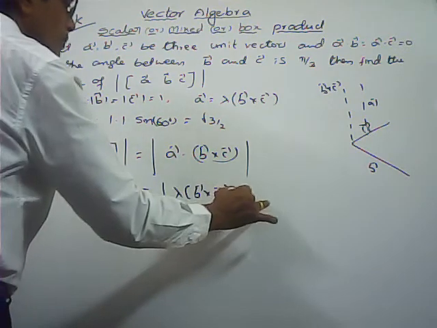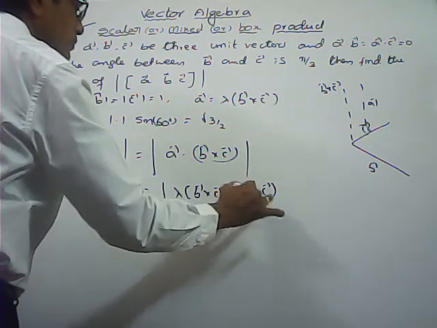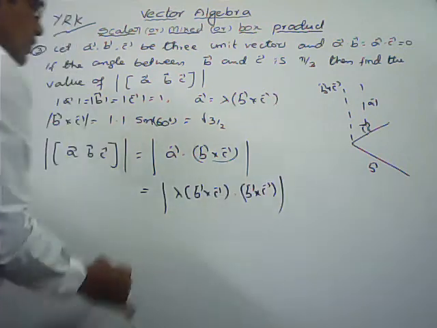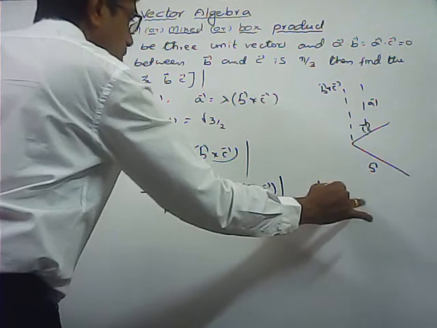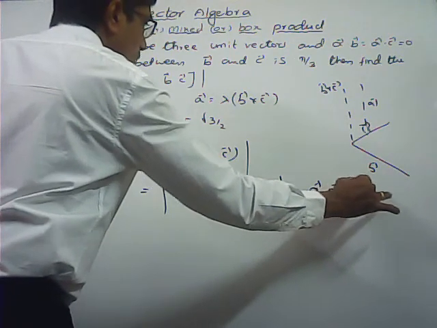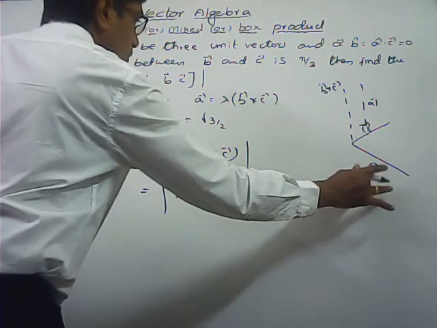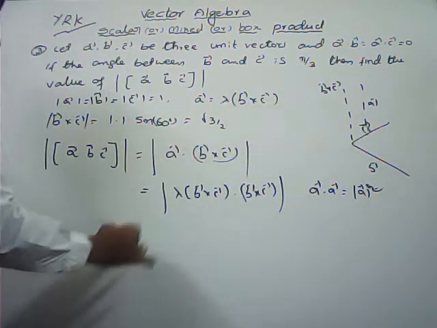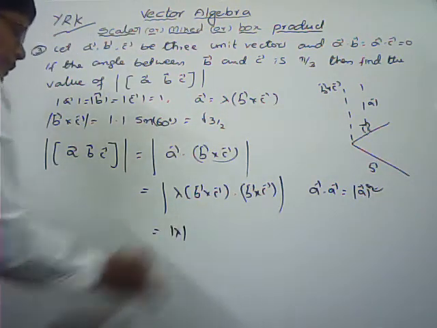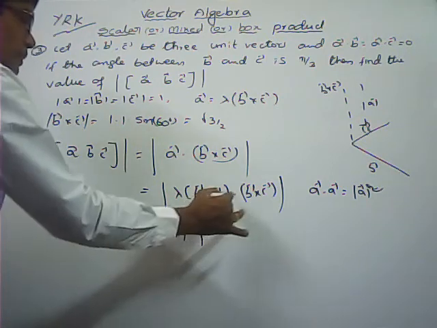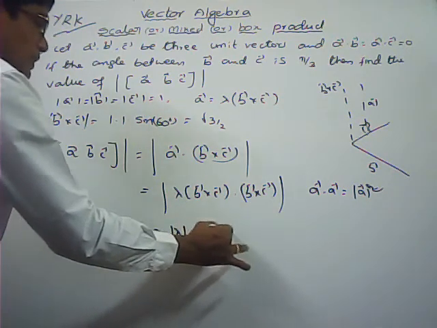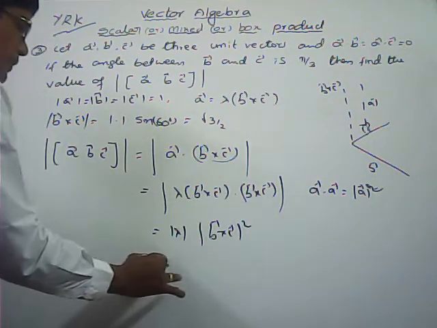So A bar dot A bar is equal to modulus of A bar square. Here, modulus of lambda into B bar cross C bar dot B bar cross C bar is modulus of B bar cross C bar whole square.